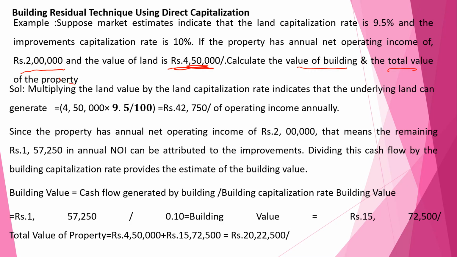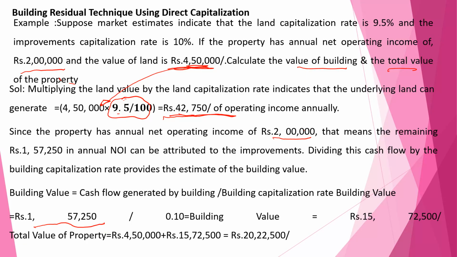So the value of the land, 4 lakh 50,000, multiplied by the capitalization rate gives the net operating income from the land, which comes out to be 42,750. The total net income is 2 lakh, out of which 42,750 is from the land. It means from the building it will be 2 lakh minus 42,750, which is 1 lakh 57,250.